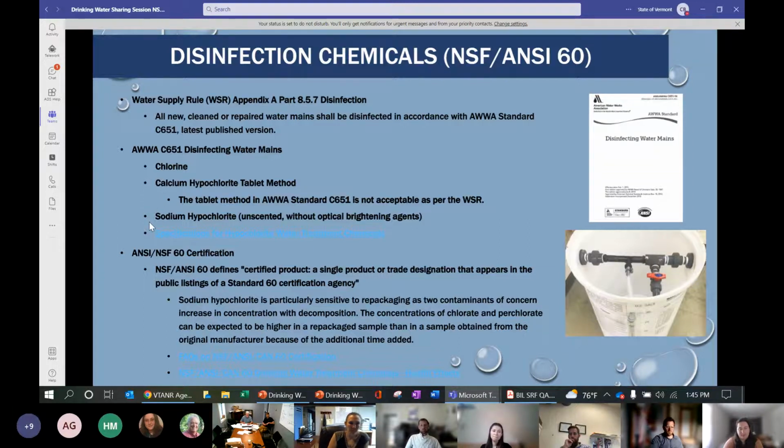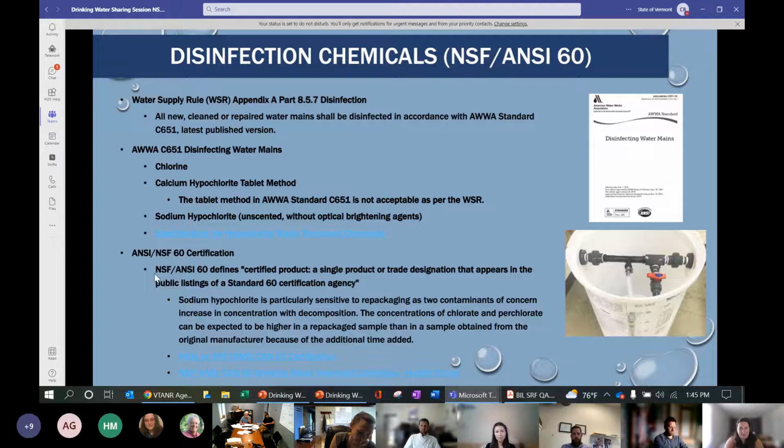Sodium hypochlorite, so basically bleach without scents or optical brightening agents, is the most common and preferred method. I also have a few links to the NSF listings. I have heard that there are some supply chain issues, as there is with everything, not just in drinking water, with NSF 60 chemicals. So that's just something to note.